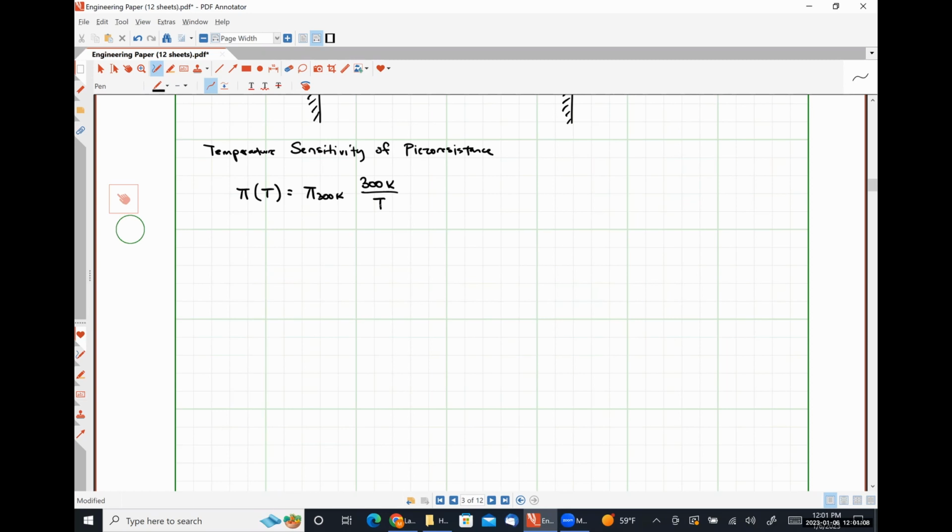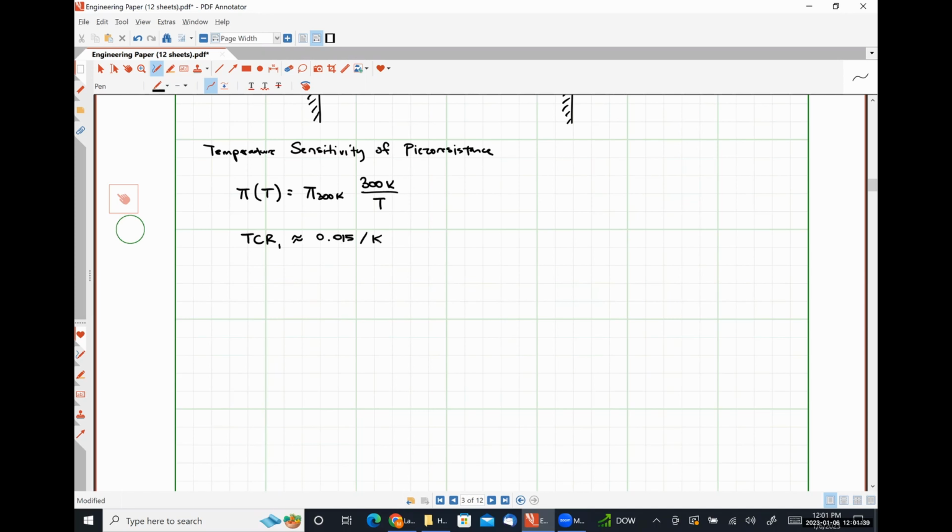For small changes in temperature, we can define a first order temperature coefficient of resistance. I'm going to put TCR1 because we're throwing away multiple parts here. That's going to be somewhere in the ballpark of 0.15 per Kelvin.